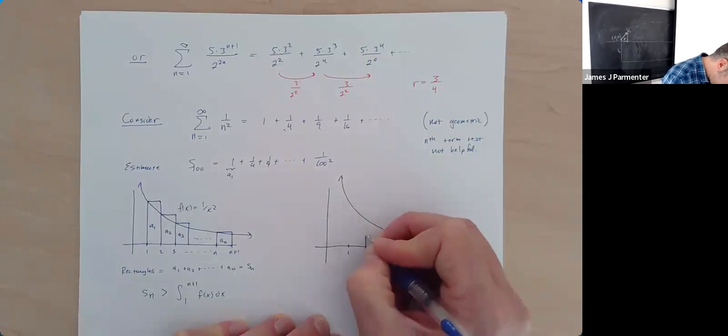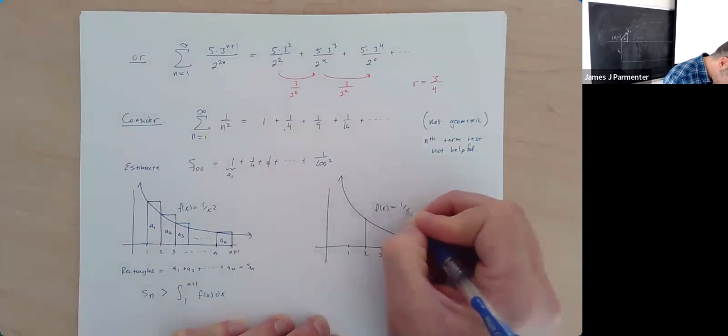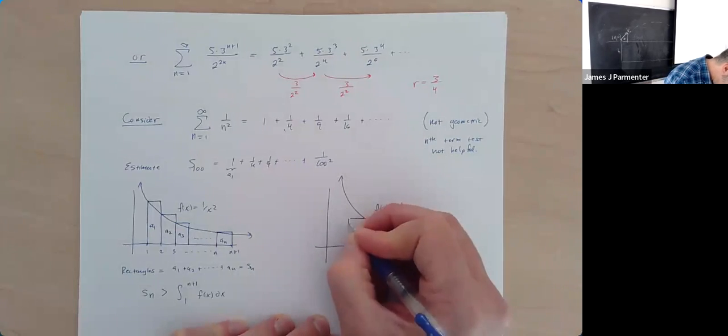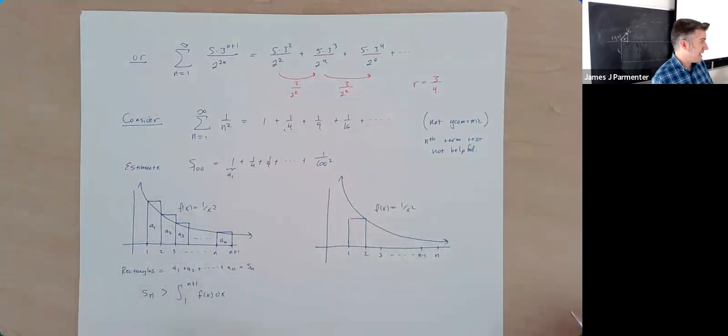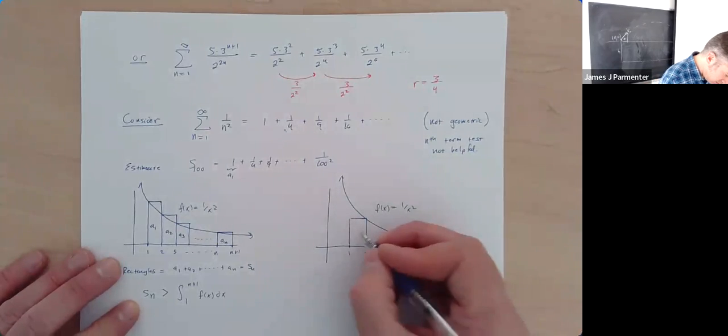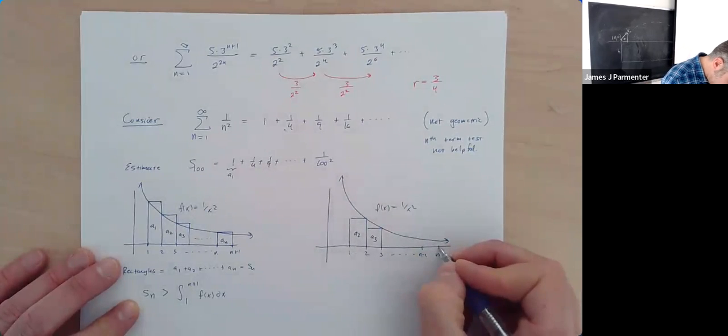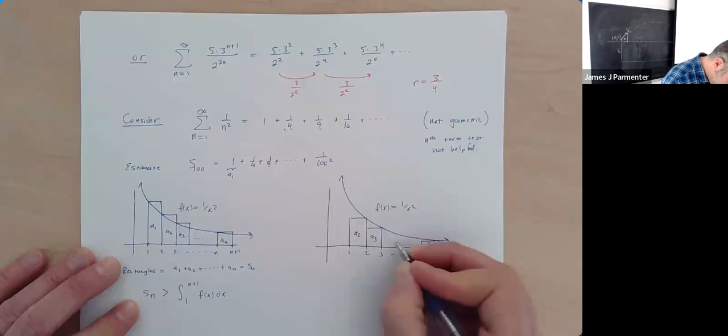So my first under rectangle here, if again my function is 1 over x squared, has an area that's a2. The base is 1, the height is 1 over 2 squared. This next under rectangle has an area of a3, all the way out to the last rectangle here, having an area of a sub n.